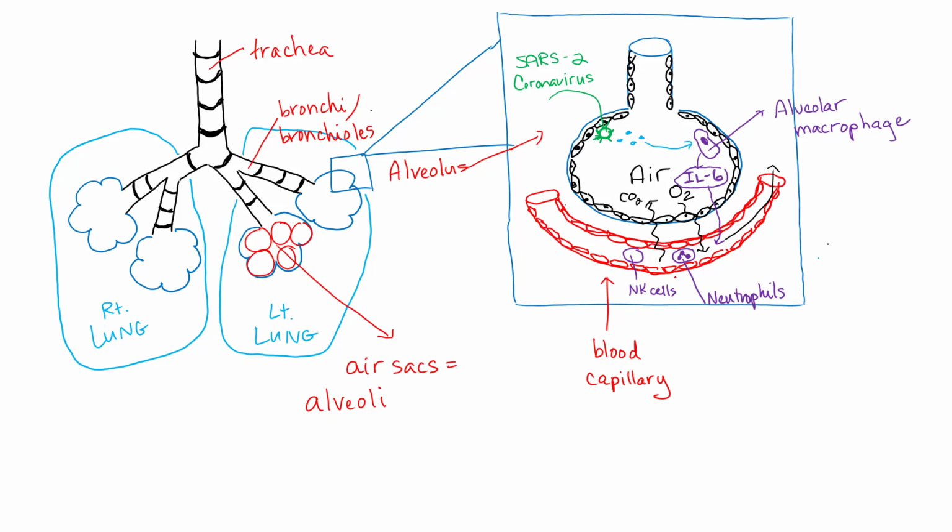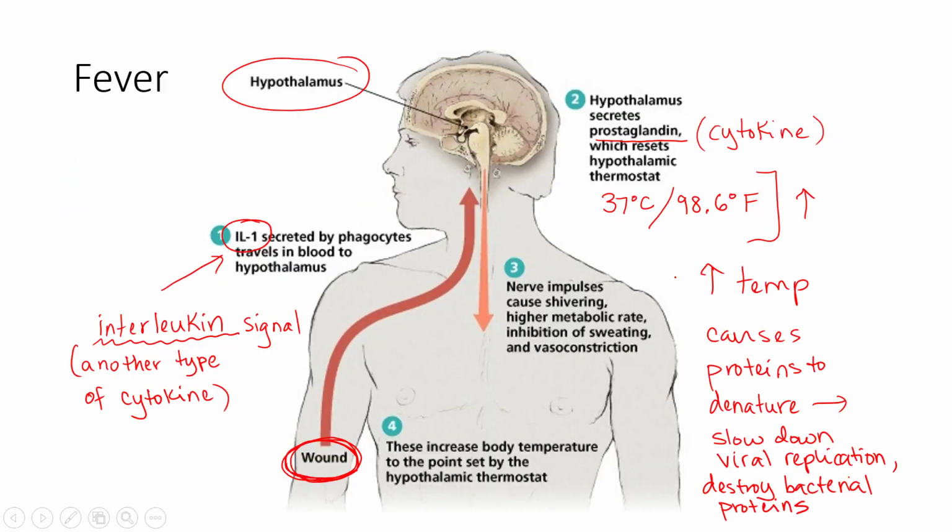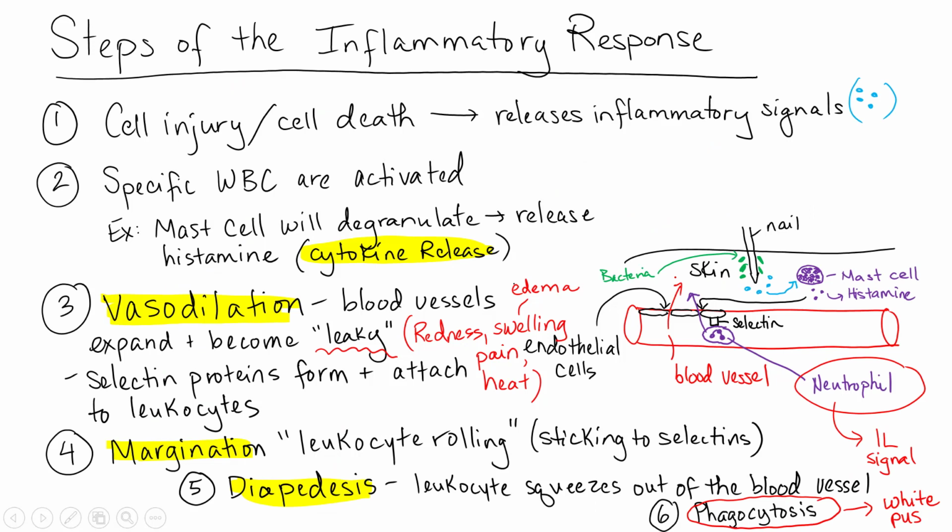And of course, remember what also happens after we get cytokine release. Let's go back to this picture here. Cell injury, cell death. In this case, there's damage to the cells of the alveoli as a result of the coronavirus infection. Those viruses invade the specific cells of the alveoli. That is how they replicate inside there, so they destroy those cells.